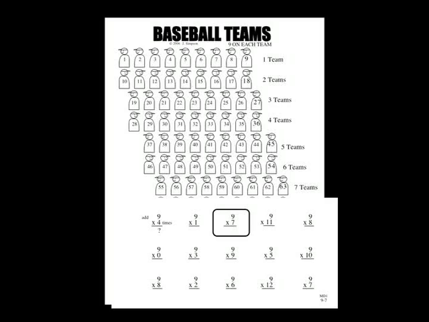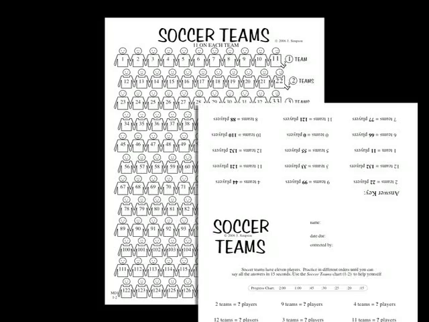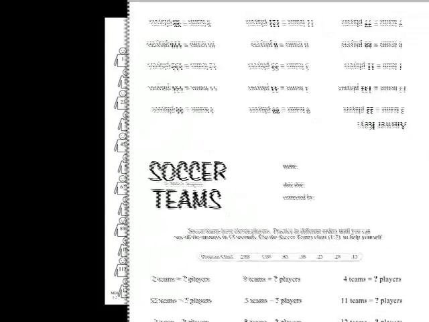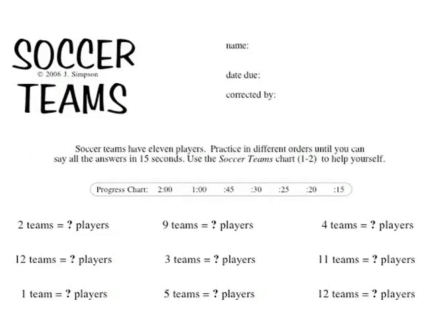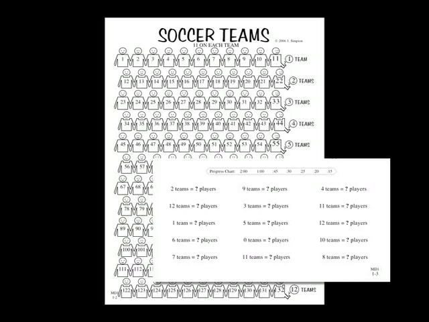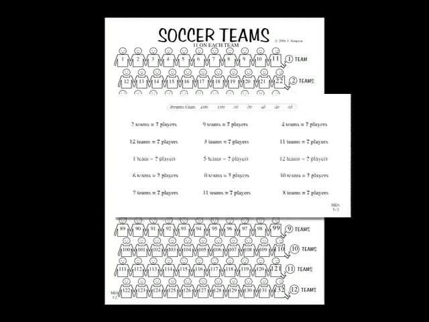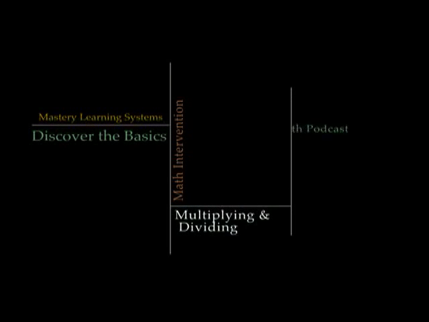Mastery Learning Systems Count, Notice, and Remember pedagogy pairs a graphics page with a partner page of problems that includes a timed progress chart so that memory is developed hand in hand with understanding, connected to context, concept, and concrete experience. View our Discover the Basics and Best Stuff podcast to see how to pair the graphics with the partner pages.